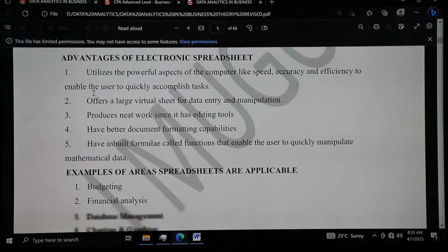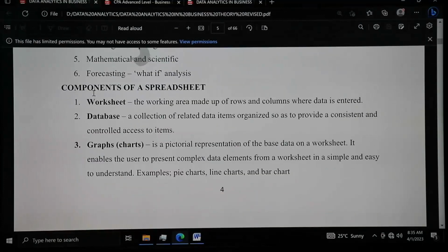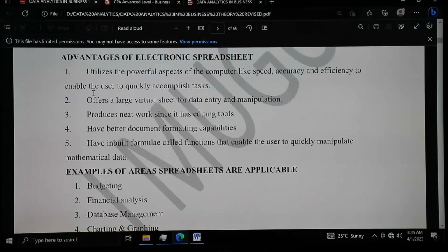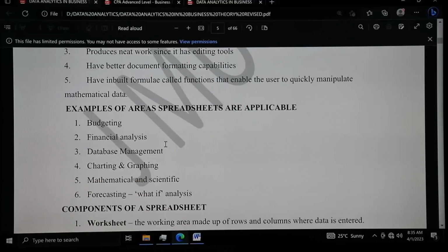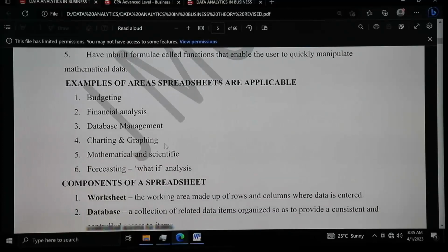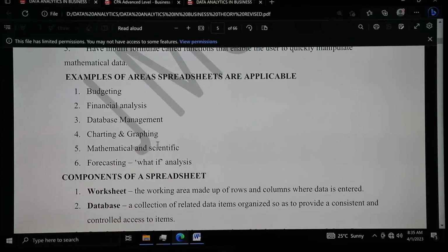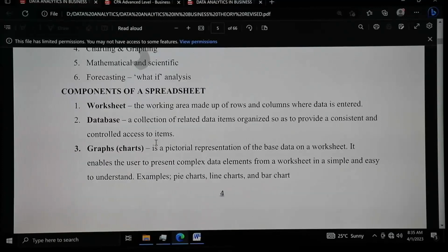Like we said, where do you apply Excel? You have been doing forecasting, financial analysis, budgeting, and several areas where Excel can be applied.